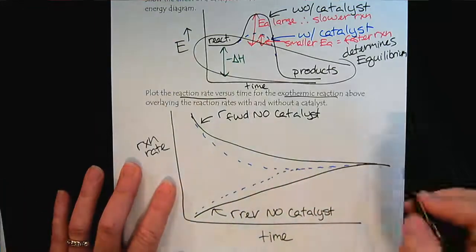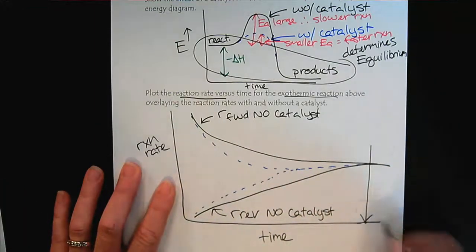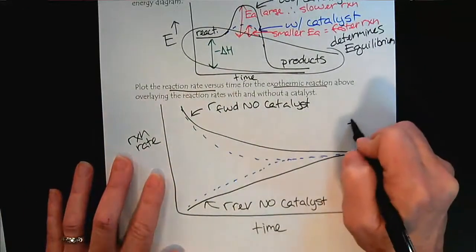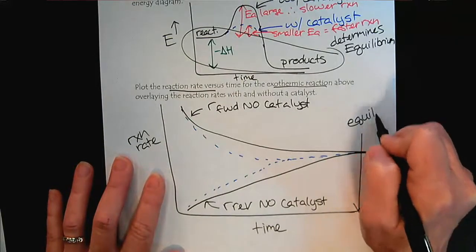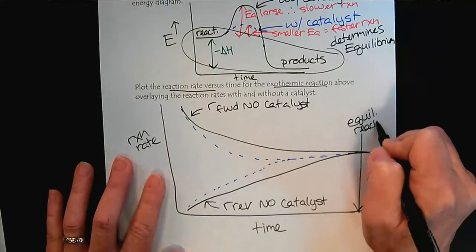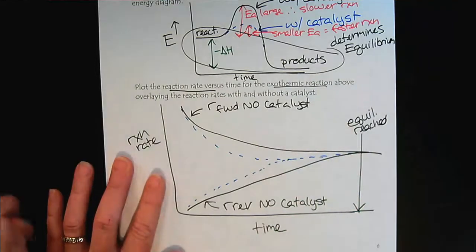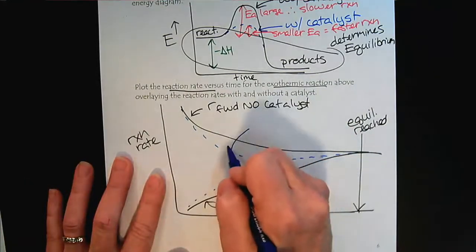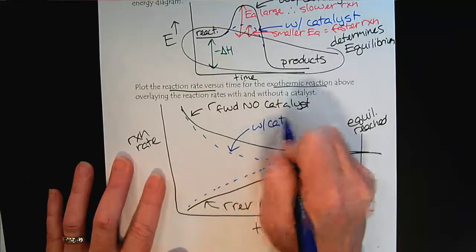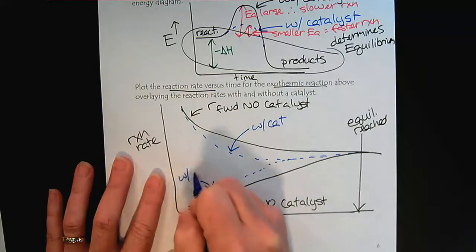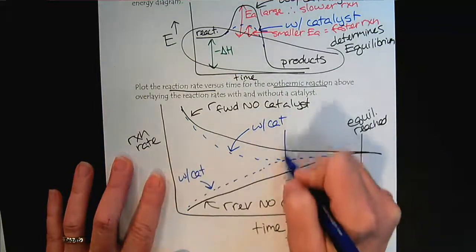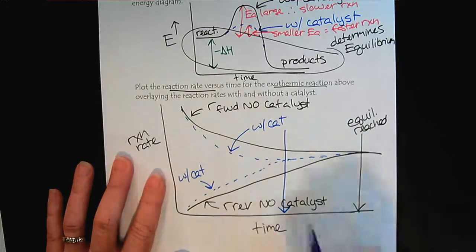So with no catalyst, equilibrium is here. With the catalyst, we can see that we reach equilibrium sooner.